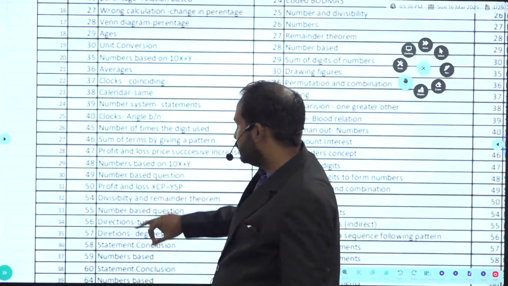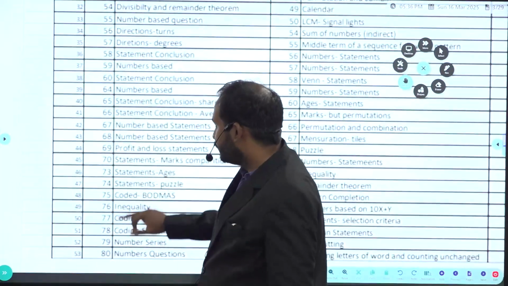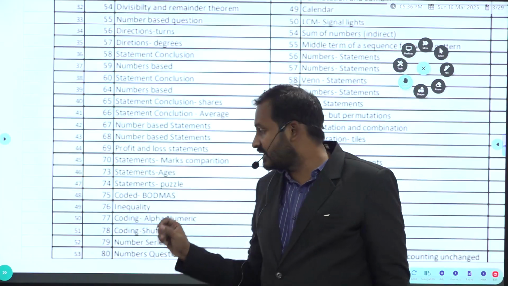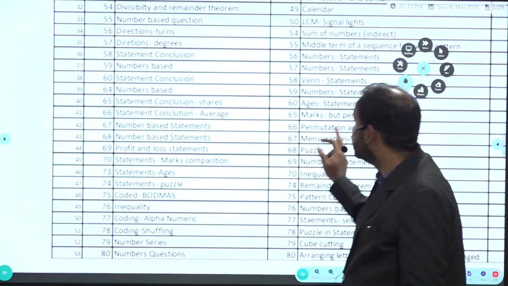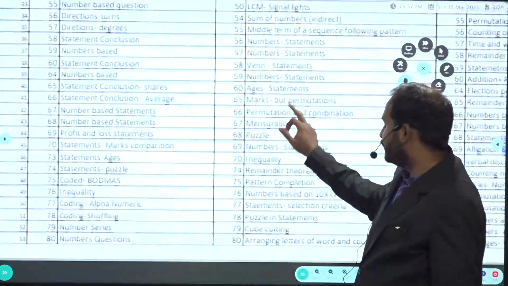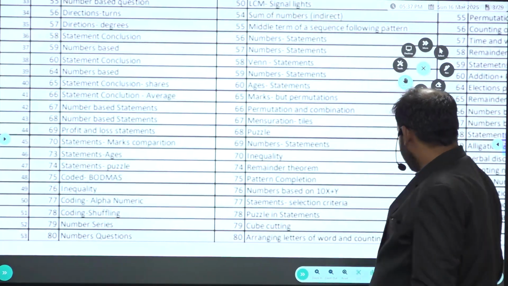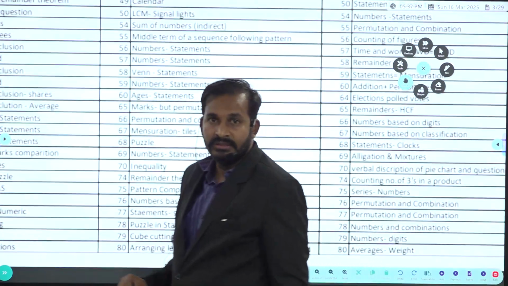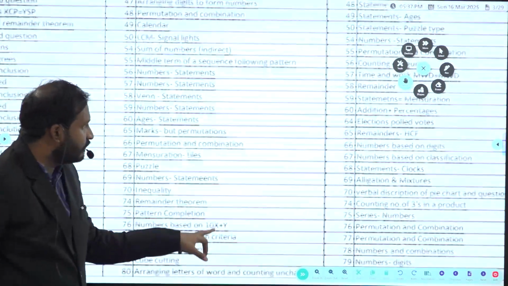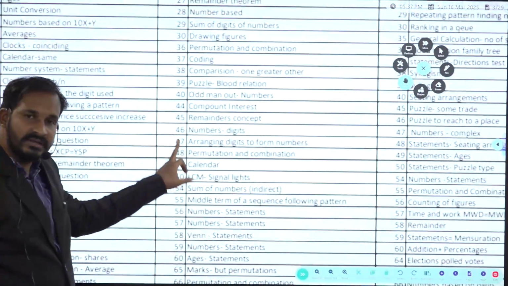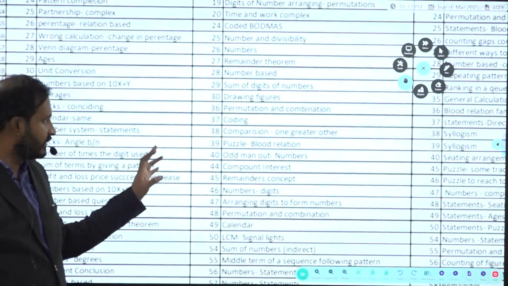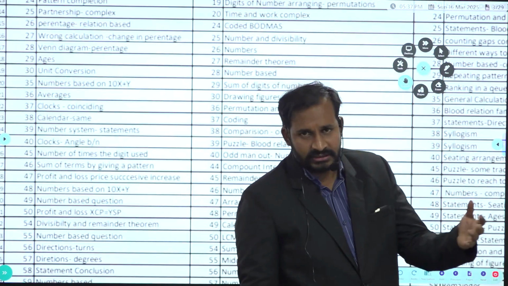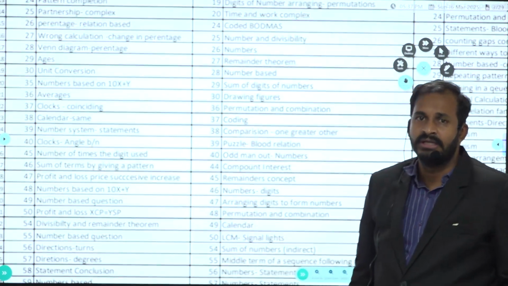Every year, they are asking a minimum of 53 questions. See here, definitely a count of 53 was asked in the last 3 years: 53 in 2024, 53 in 2023, 53 in 2022. If you observe carefully, this is the pattern of questions which they are asking. Definitely we will share this with you along with the video, through the Telegram channel or even in the app.